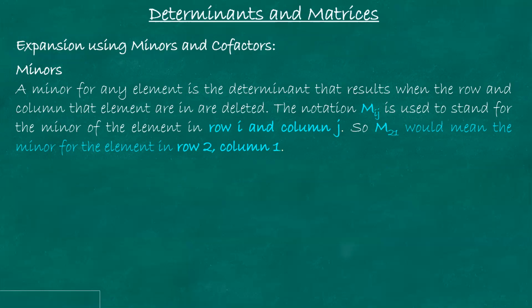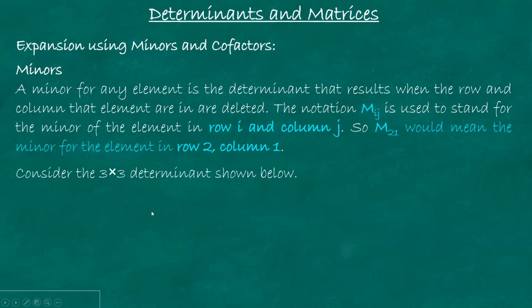Ang resulta dayon, kuhaan nimo to determinant, ang value adto mo na to ang minor din. So the notation is Mij, M for minor, and then I, ang row niya, og J dayon, column, is used to stand for the minor of the element in row I and column J. So M21 would mean the minor for the element in row 2, column 1.